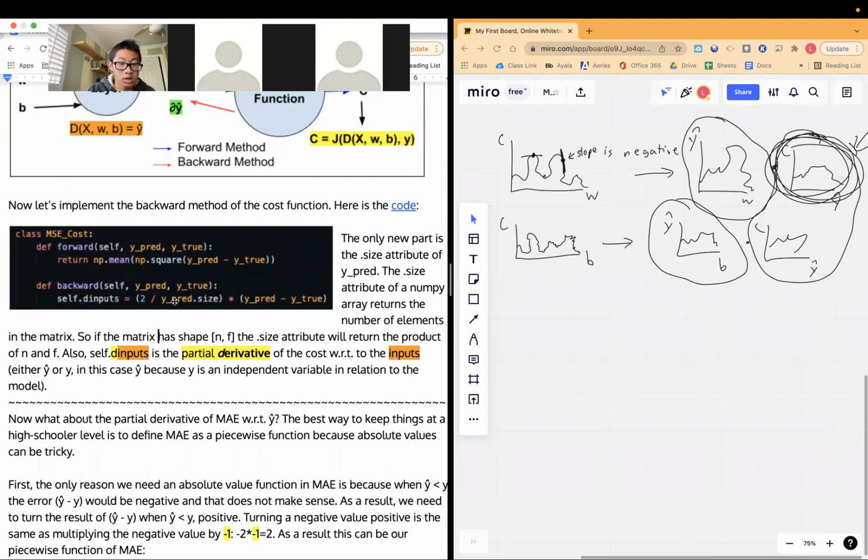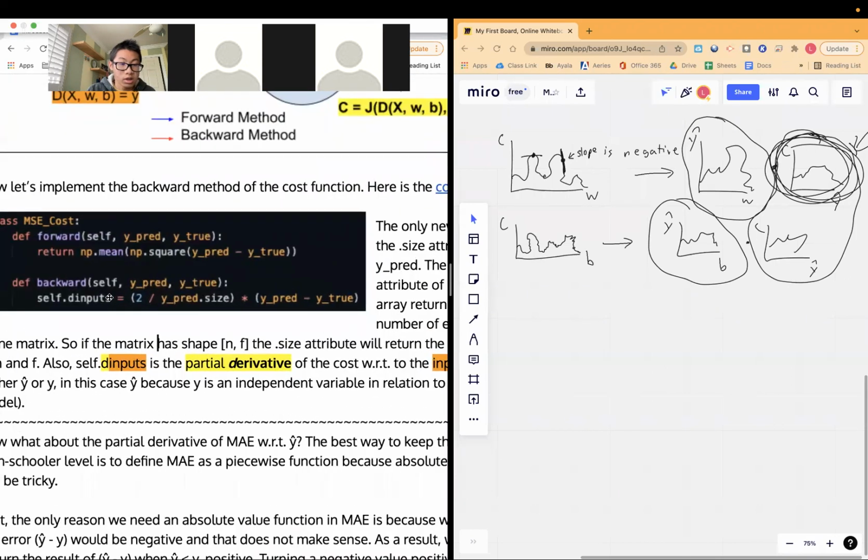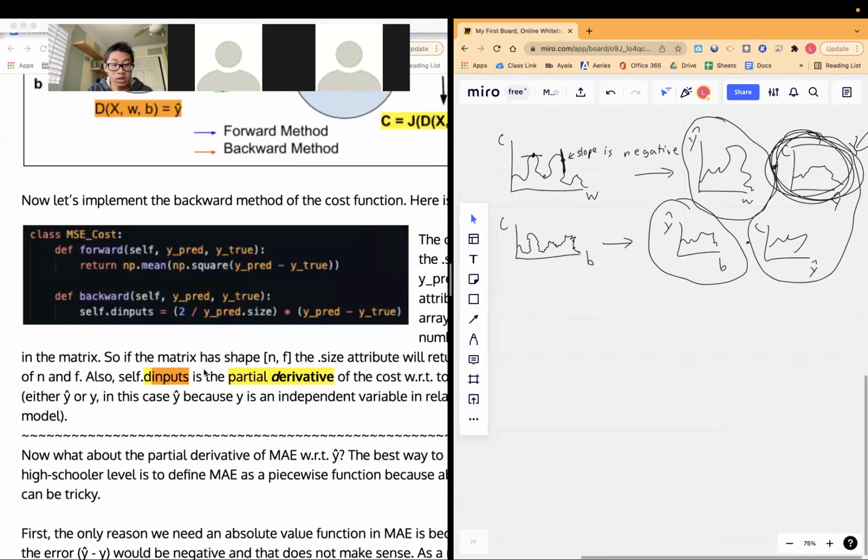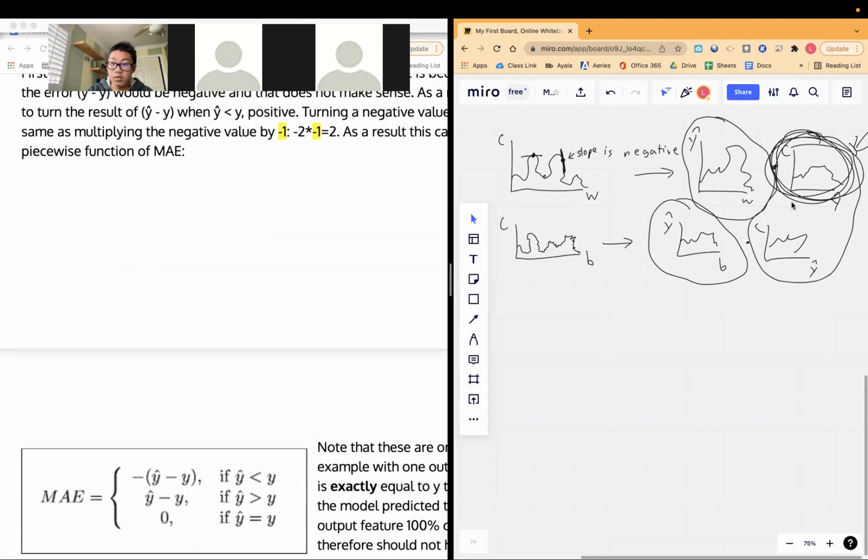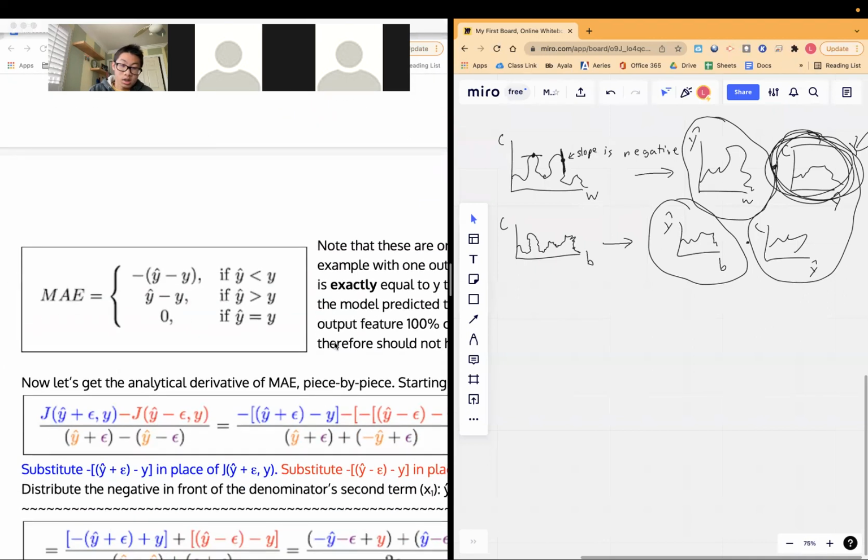Okay, so you see this code, right? This is how you get the slope of every single point here. Now we got to figure out the next part from the chain rule, which is W on the x-axis and y hat on the y-axis, and B on the x-axis and y hat on the y-axis.